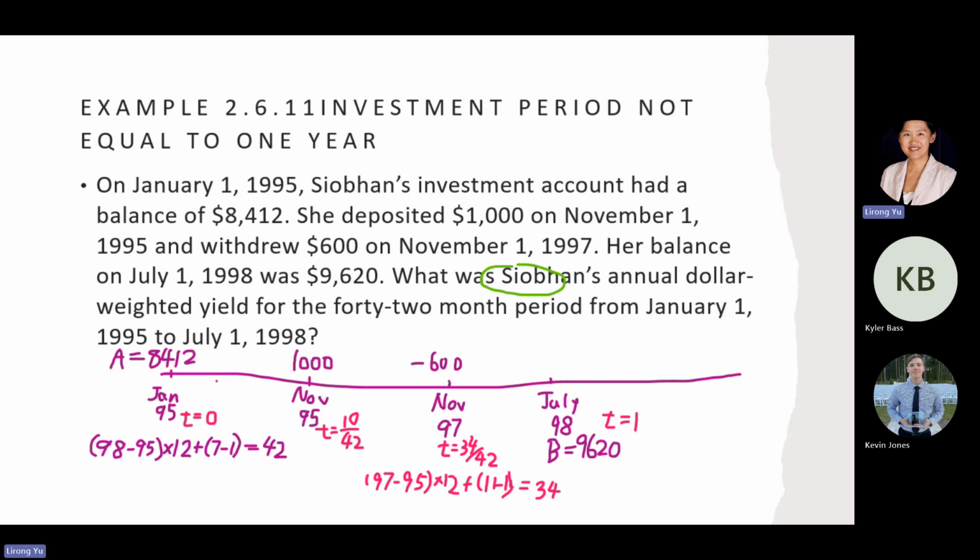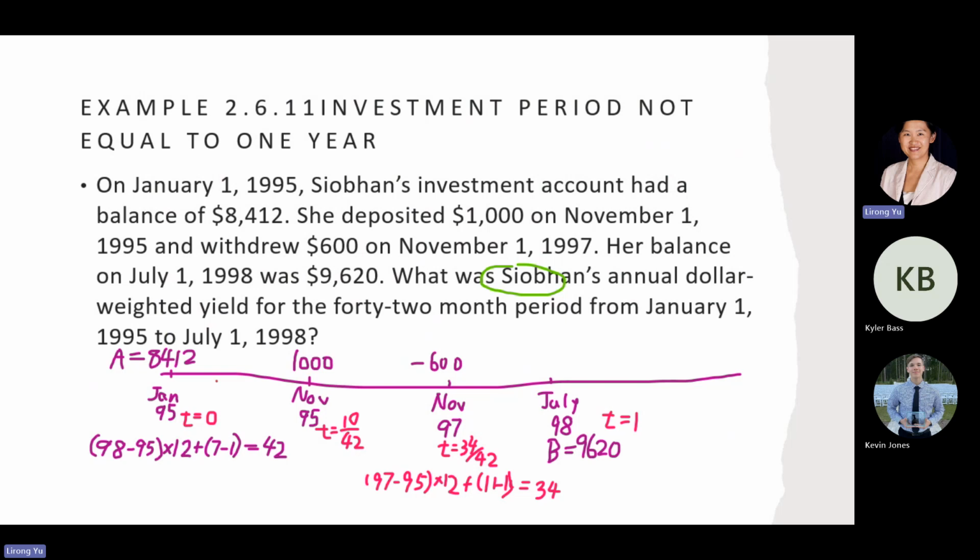We got a time. So the second example is investment for not equal to 1 year. In our first example, the cash flow is for the whole year, but sometimes you invest for a longer time period, sometimes a shorter one. So we remember the dollar weighted average always considers the entire investment period as 0 to 1.